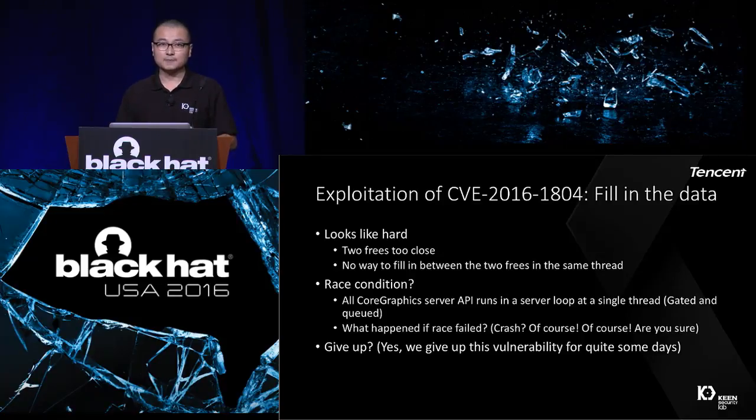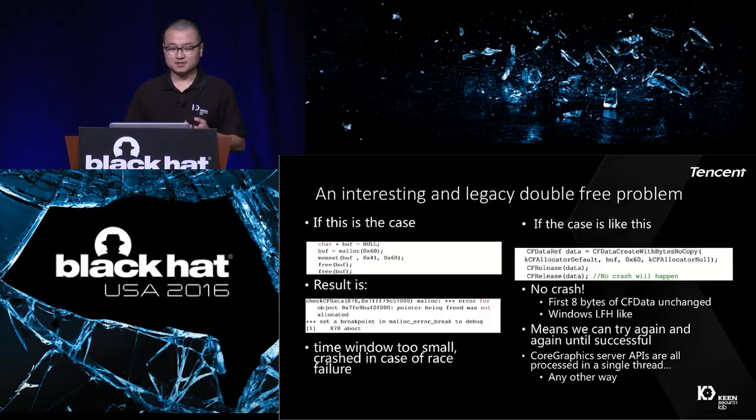And actually, we gave up on this bug for several days because we thought the success rate was very low. But it depends on something, which is a very legacy double free problem. If you free a memory twice, will the process crash immediately?